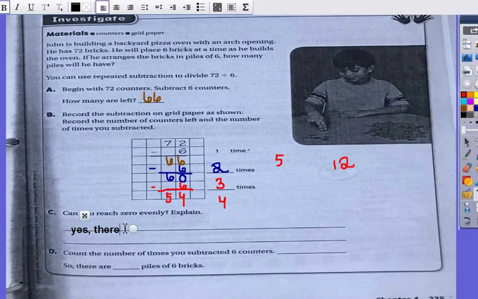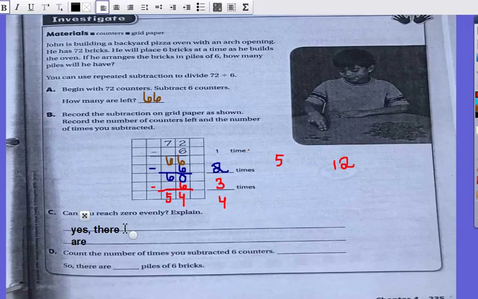Yes, there are 12 groups of 6 counters in 72.